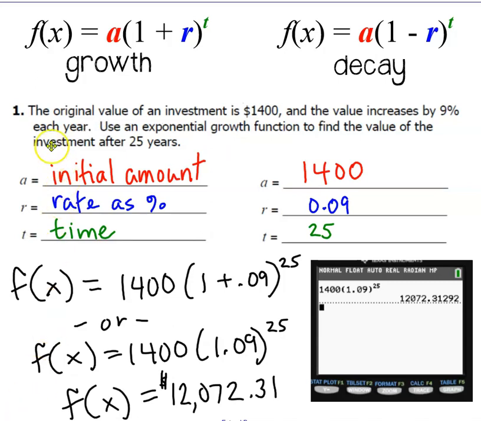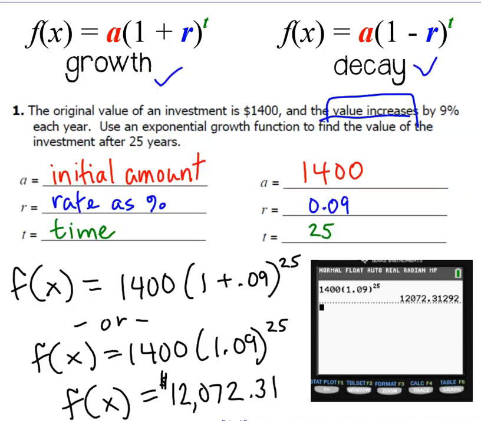So if we were to read this question, the original value of an investment is $1,400. So that would be our initial amount. That would be our replacement for the A variable. The value increases by 9%. This is where I start to choose my function.